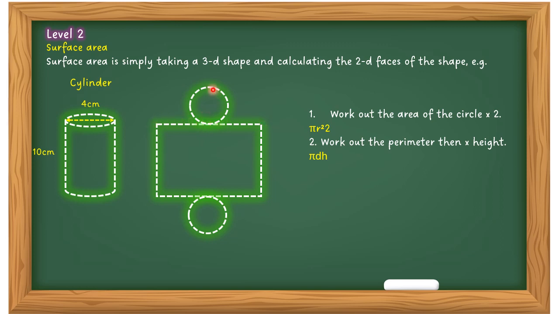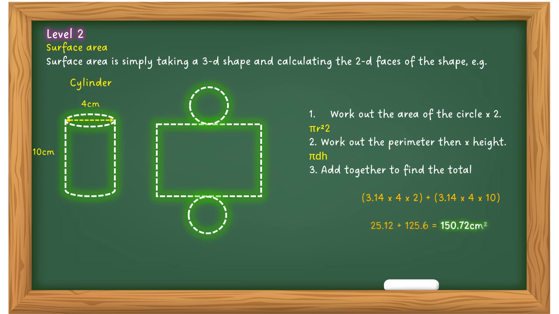So working out the perimeter of the circle will give you this length. Then all you have to do is multiply it by the height to get that surface area. And then you add both together to find the total. So you can see there's your formula for it. Add them both together, and you can see there that the surface area of that cylinder is 150.72 centimeters squared.